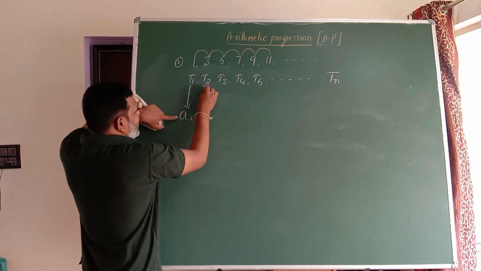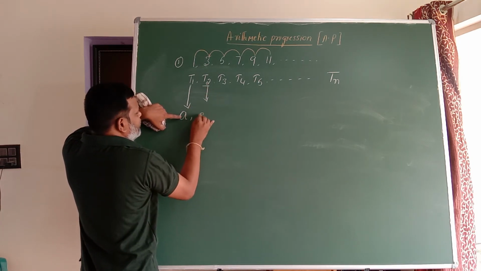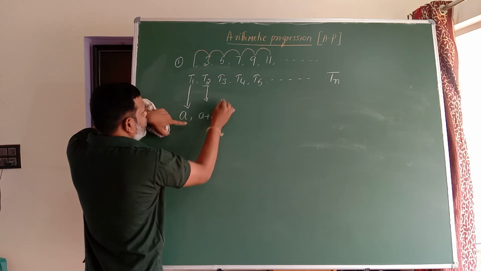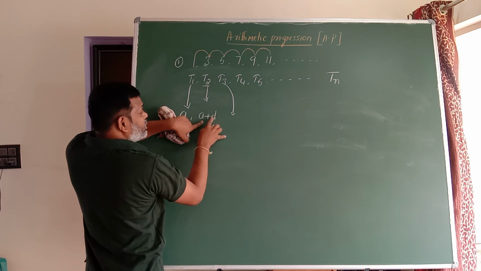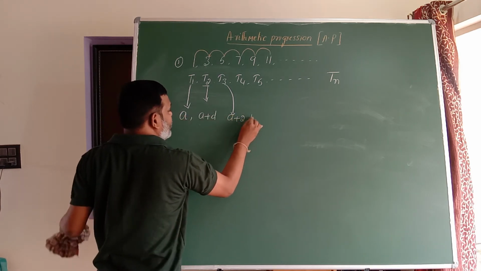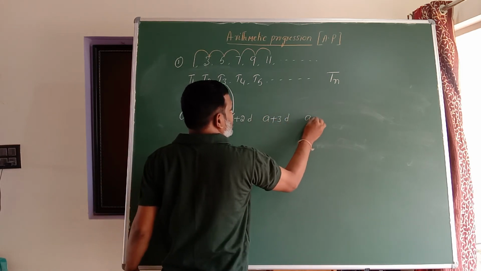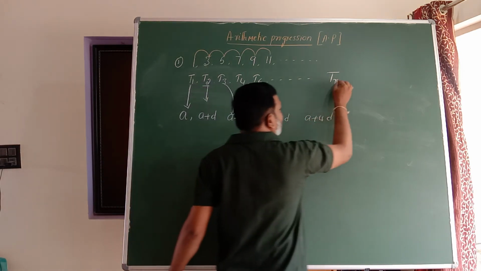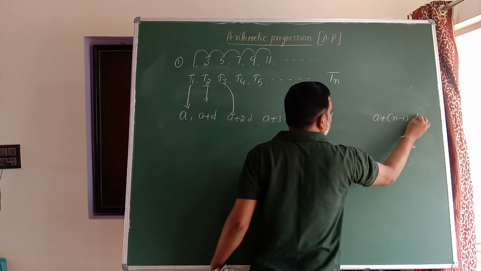To get the second term, T2, add the common difference to this, a plus d. To get T3, the third term, add the common difference to this, d plus d, 2d. What happens here? a plus 2d. What is the next term? a plus 3d. What is the next term? a plus 4d. Similarly, the last term is given by a plus (n minus 1) into d.